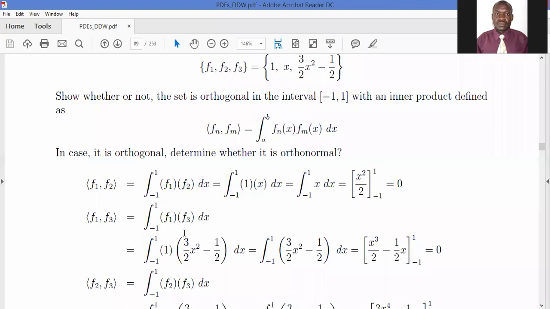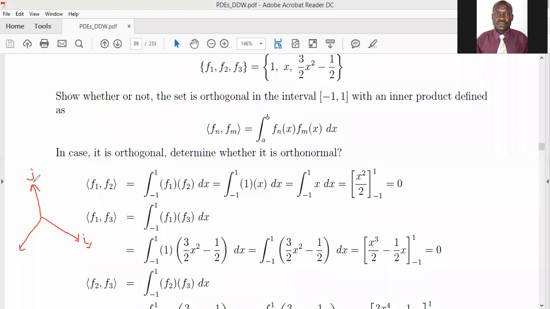So we need to determine if it is orthonormal, and I think you remember very well, since you were dealing with dot products from your vector calculus, or is it calculus 3? You looked at this, so everything here is at 90 degrees. You have the i, then you have the j.